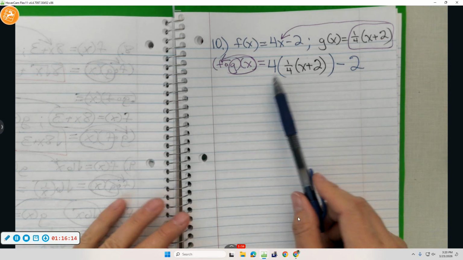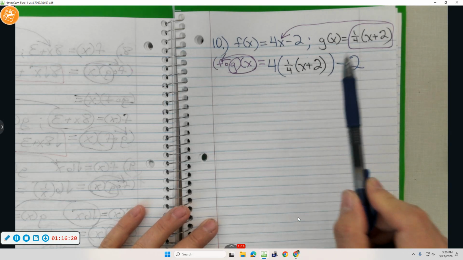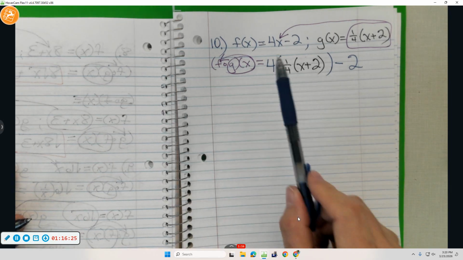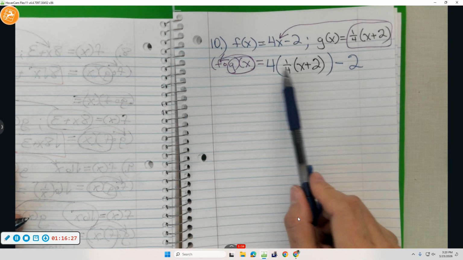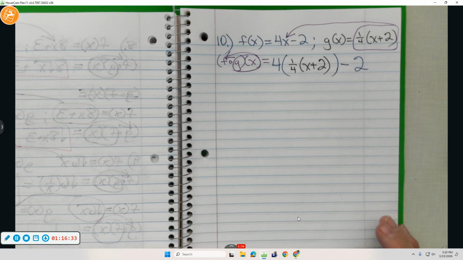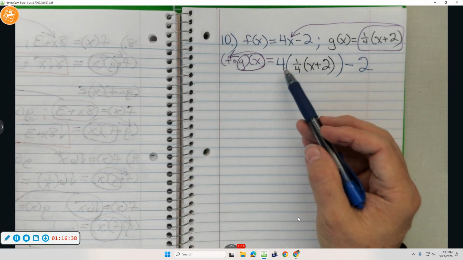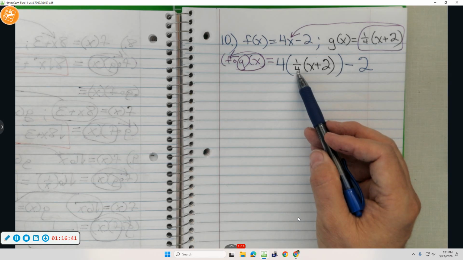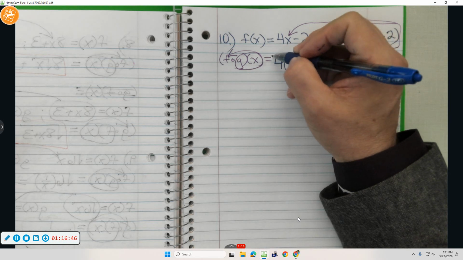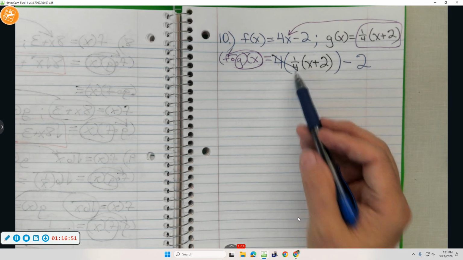Now, we need to simplify. This is multiplication: 4 times 1/4 times x plus 2. To multiply, you multiply from left to right. What's 4 times 1/4? It's going to cancel out, isn't it? The 4 outside cancels that denominator of 4.